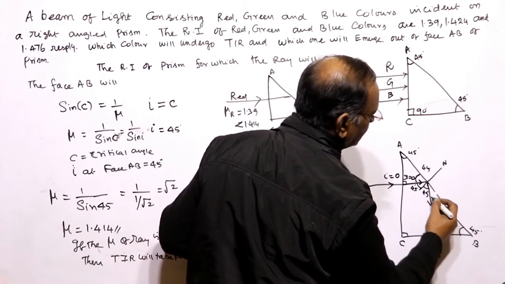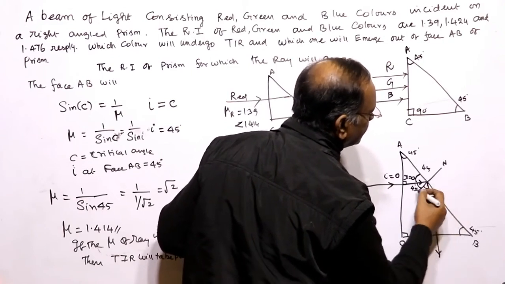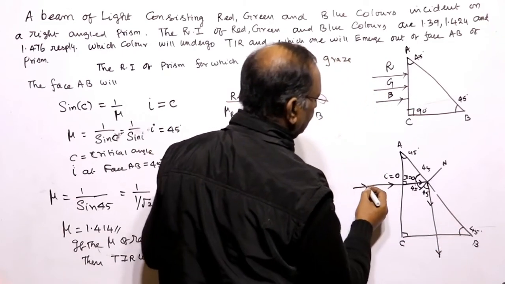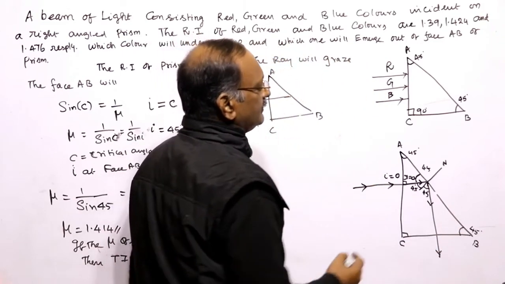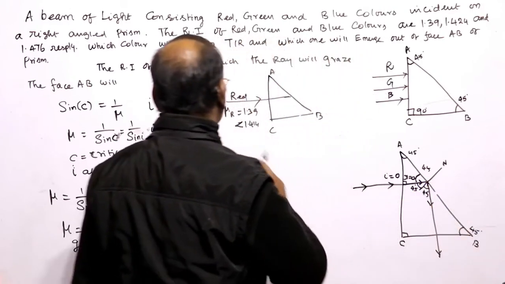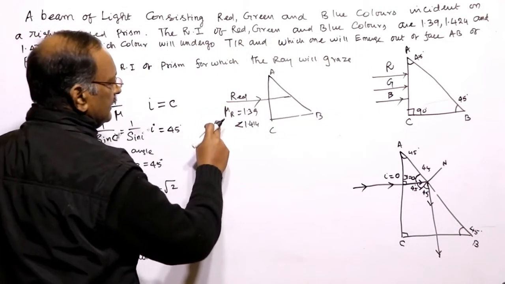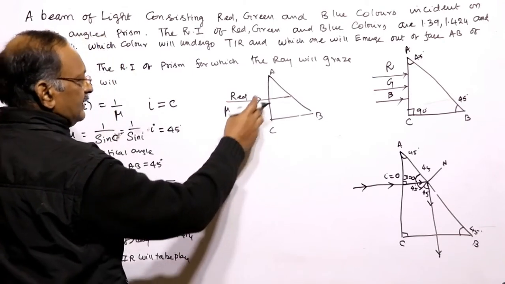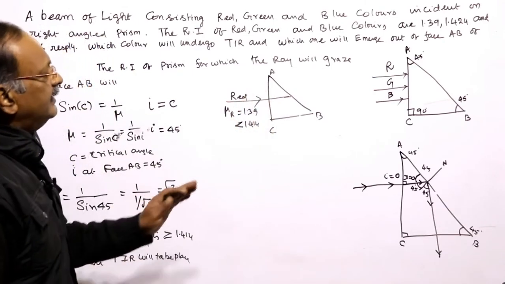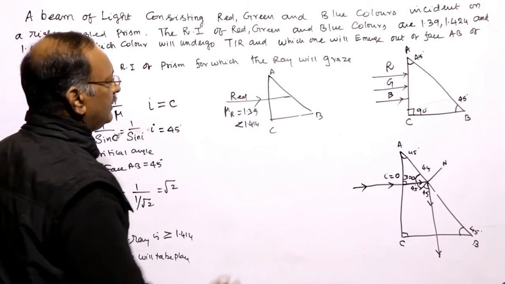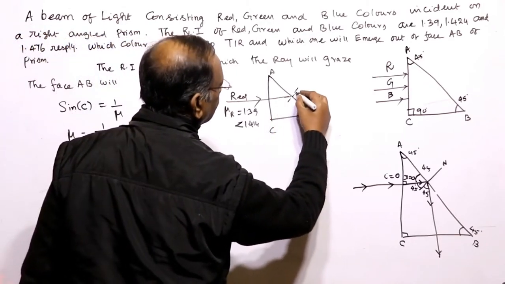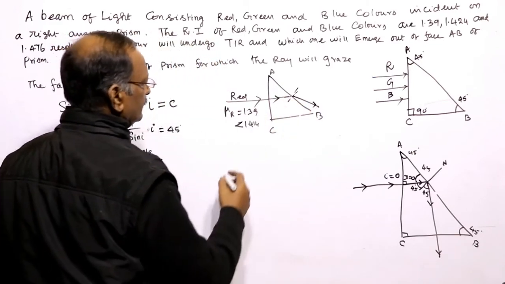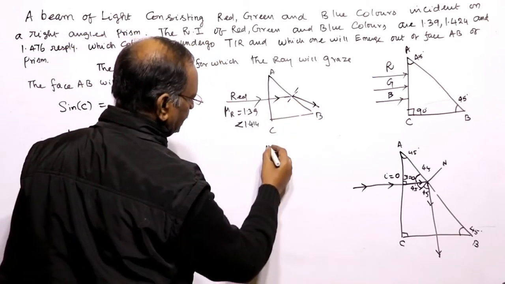Total internal reflection means whatever the angle of incidence, the same angle it will be reflected back, so the ray will go like this. Otherwise, the ray can go out. Since the refractive index of the red light is 1.39, which is less than the refractive index required for TIR to take place, it will emerge out of the prism.